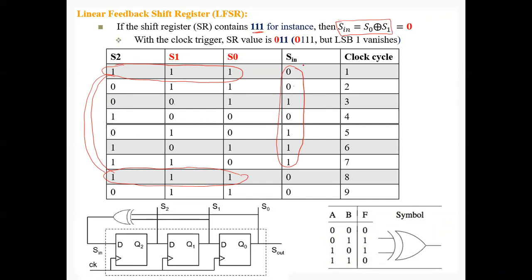Okay, so these are the random numbers, right? This is 0, 0, then 1, then 0, then 1, 1, 1. These are the random numbers. But after that, it repeats again. So even though they are random, it's not completely random. They are kind of pseudo random. Does it make sense?